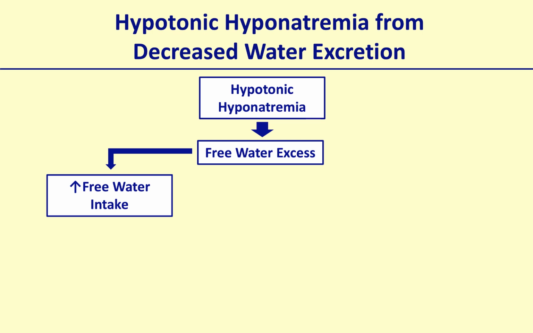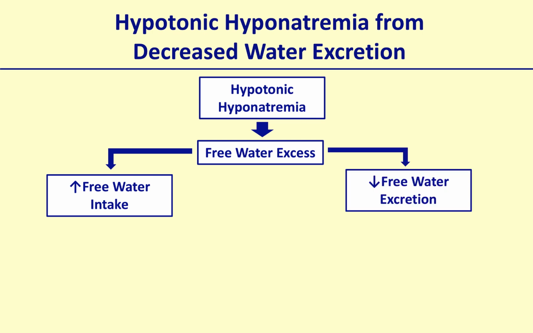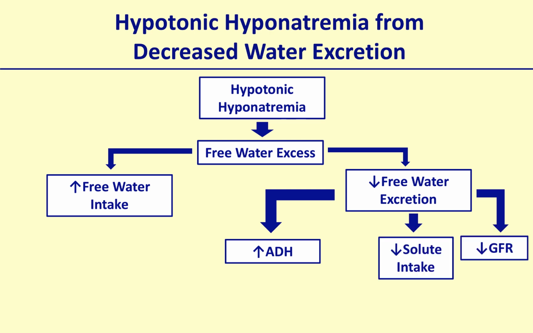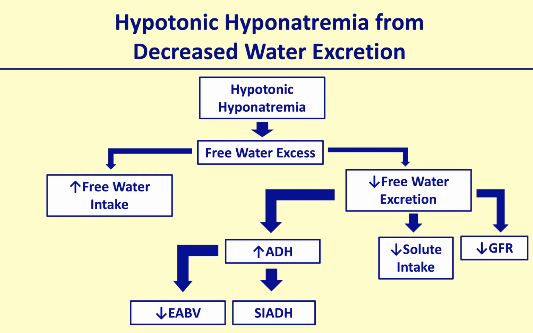Either you are drinking too much water, exceeding the maximal renal excretory capacity, or your kidneys cannot get rid of the water. And the three main reasons for that are high ADH, low solute intake, and low GFR. And what are the three main reasons why ADH could be high? Low effective arterial blood volume, SIADH, and cortisol deficiency.